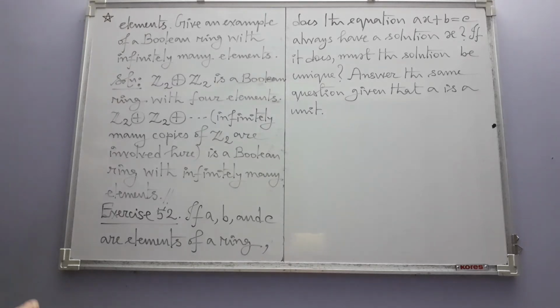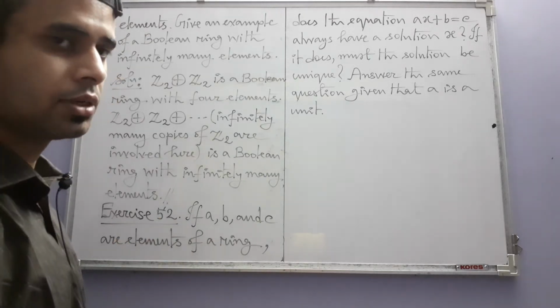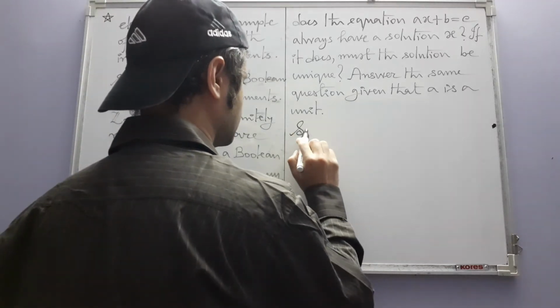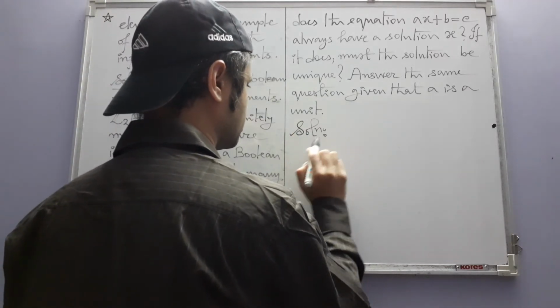So we have to first say what happens to this equation in a general ring. Does it always have a solution?